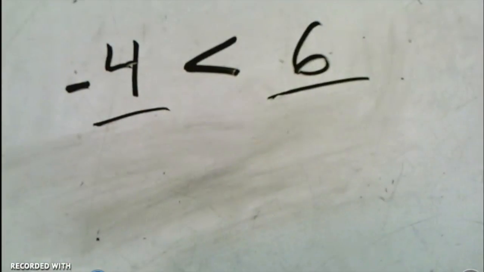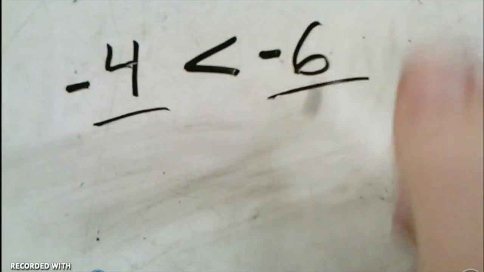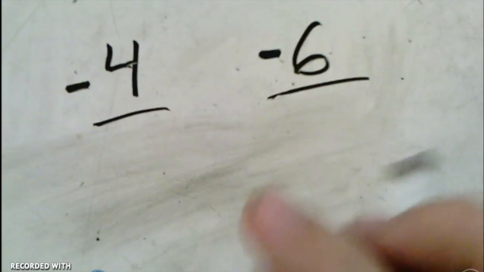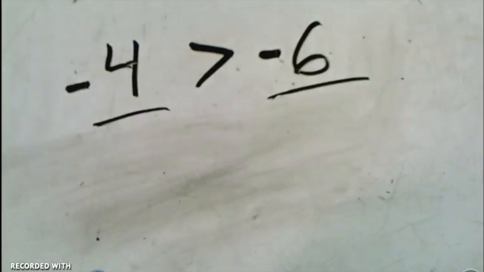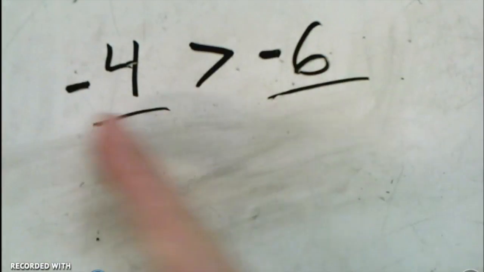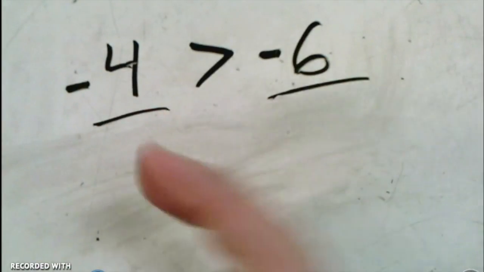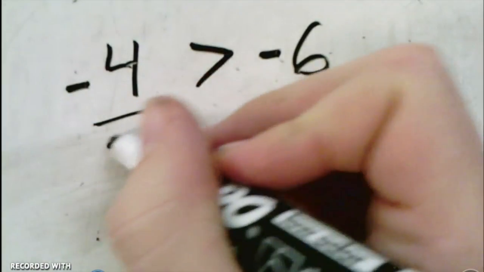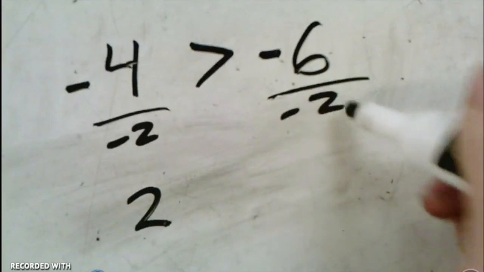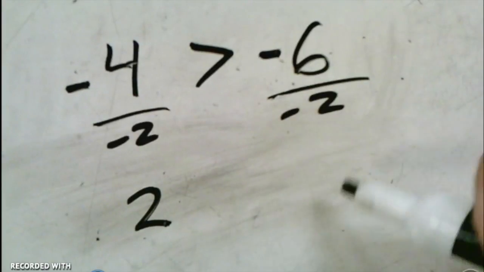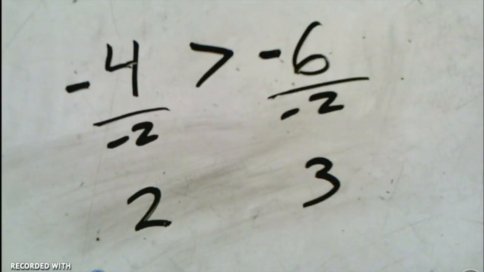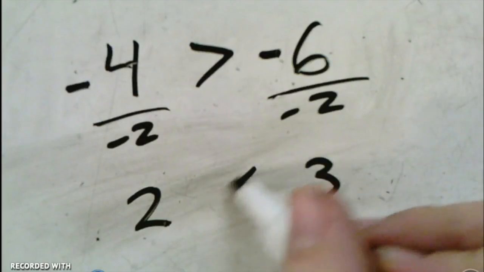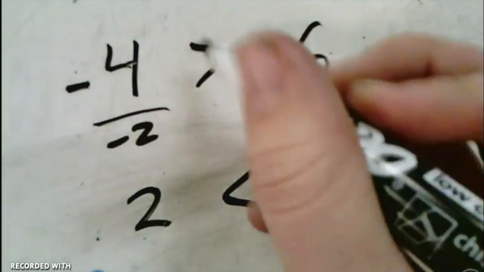If that number's negative and this number's negative, okay, then that one would be smaller. When I divide them both by a negative number, then I would get positive 2, right? If I divided these both by a negative number, I would get positive 2 and I would get positive 3. So now the 3 is bigger. It switched the sign.